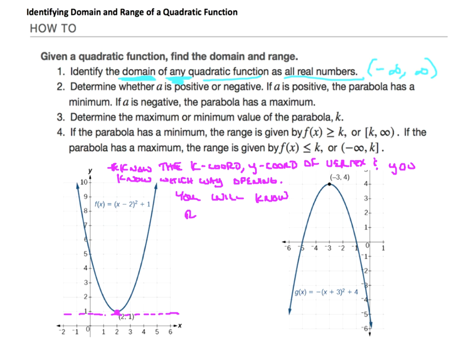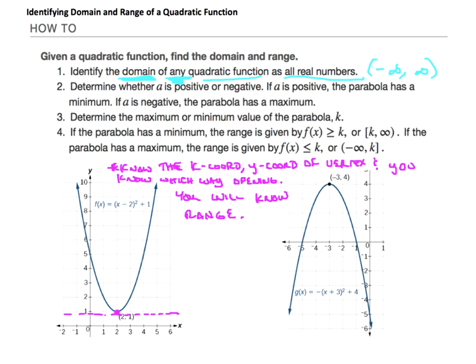It's always going to go from that y-coordinate of the vertex either into positive infinity if it's opening upward, or negative infinity if it's opening downward.